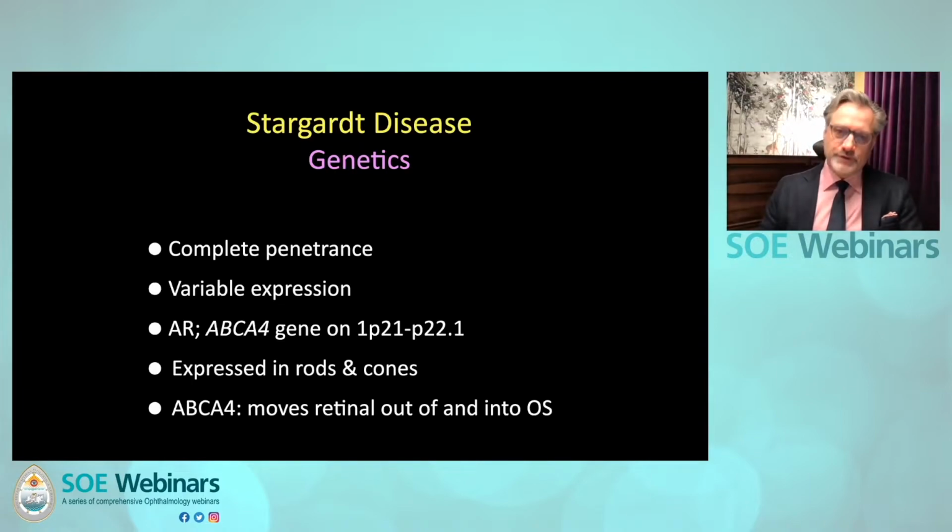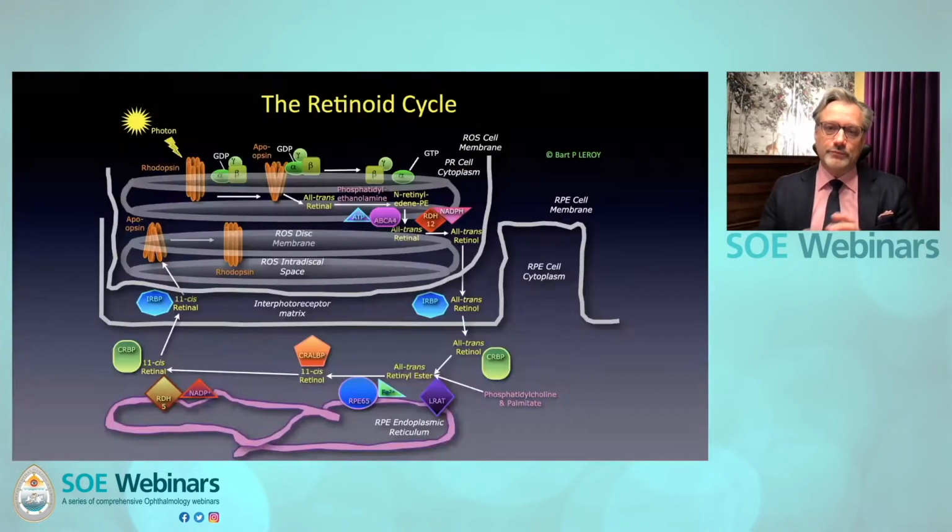What does the protein encoded for by the ABCA4 gene, which is also called ABCA4, do? Well, as you can see in this slide, the fuchsia rose or pink protein, ABCA4, moves used vitamin A in the outer segments, called all-trans-retinal, out into the interdiscal intracytoplasmic space for it to then get into the interphotoreceptor matrix and then into the RPE so that it can get recycled.